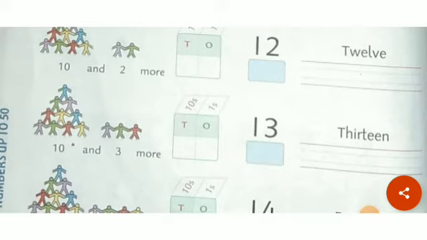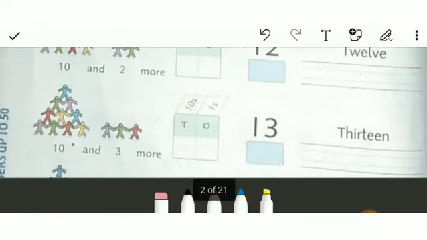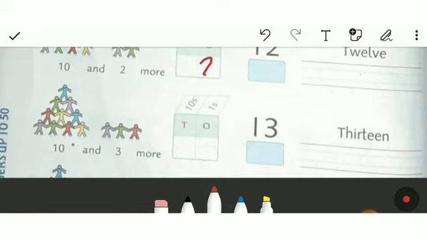See the number 12. In number 12, one tens group of people is given and two single people are given. So we have to write the count on the ones and tens places. O is for ones, T is for tens. We have two single people, so we write 2 on the ones place.